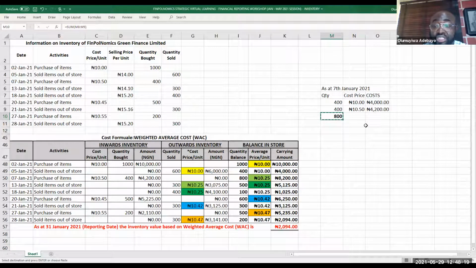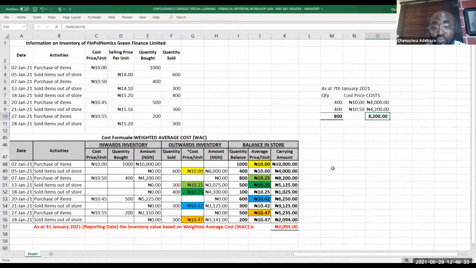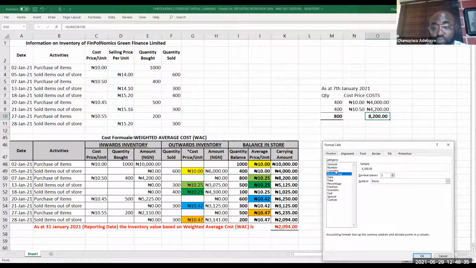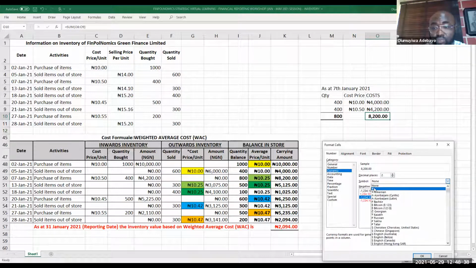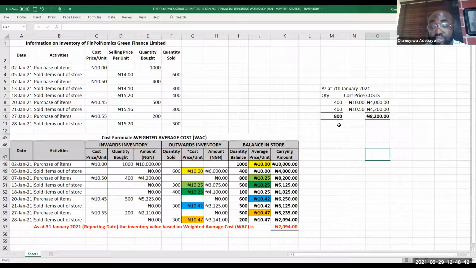Every time you purchase, your average cost will vary, will change. Now, what is the average cost?